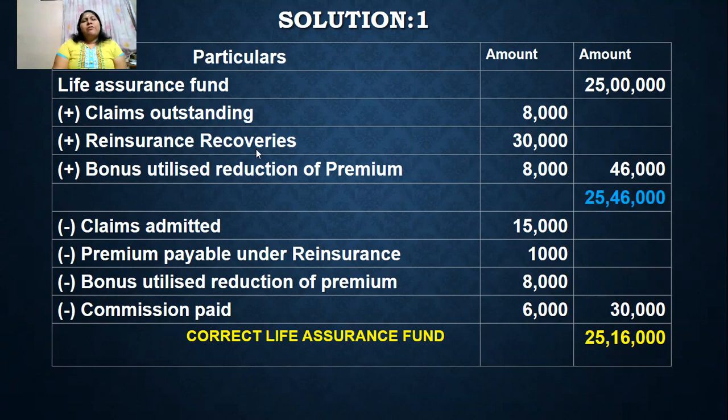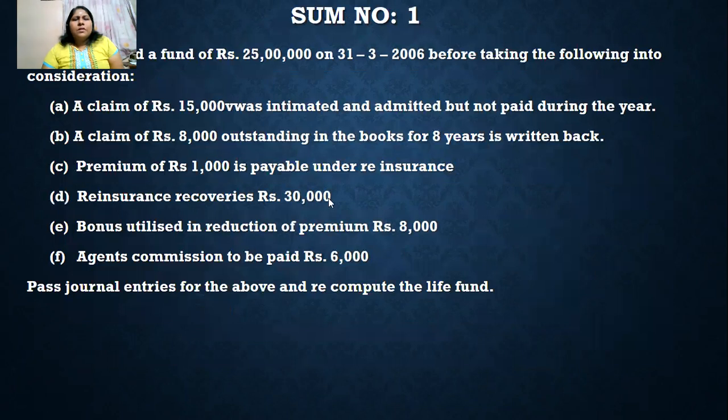Then reinsurance recoveries are the claims collected by the company. And what are the claims outstanding? So these are things to be added. Then next is minus claims admitted. Can you check this question? Claims of rupees 15,000 intimated and admitted but not paid during the year.